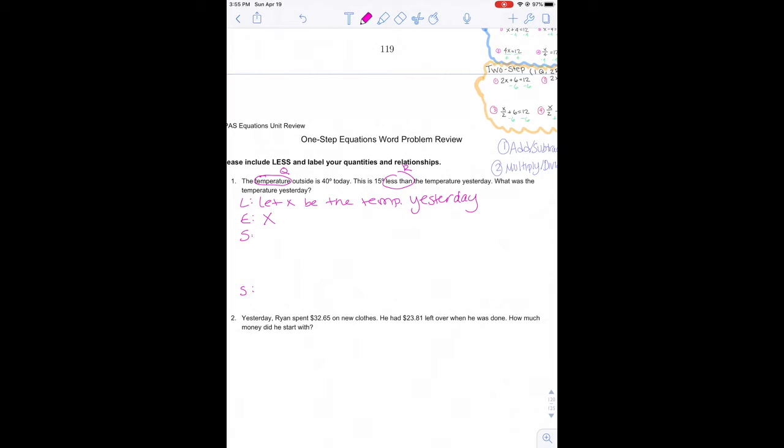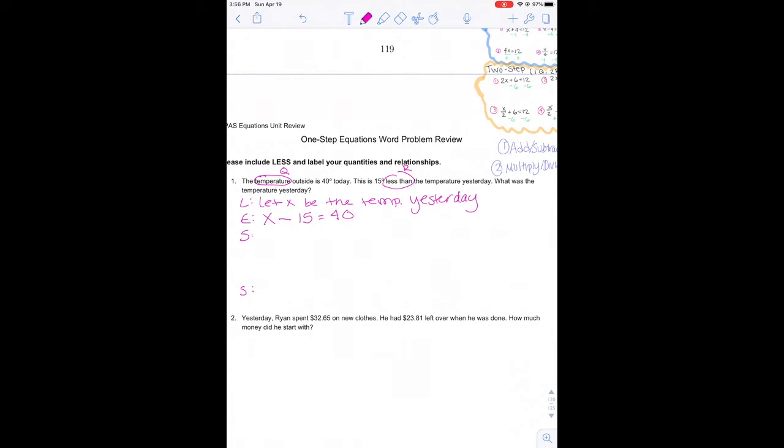So yesterday's temperature is big. It's a big number. And I know it's going to be compared with 15. And today's number is 40, and that's the little number. So in order to make this equation balanced, I have to subtract. I have to take the big temperature from yesterday minus 15 equals the smaller temperature from today. So that's my equation.